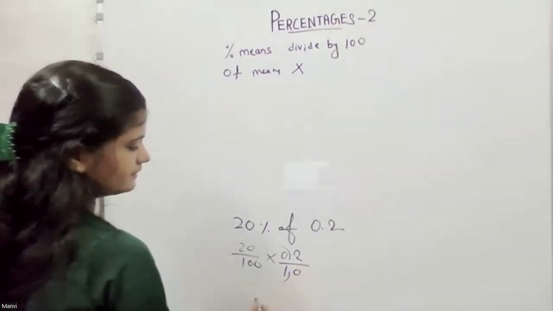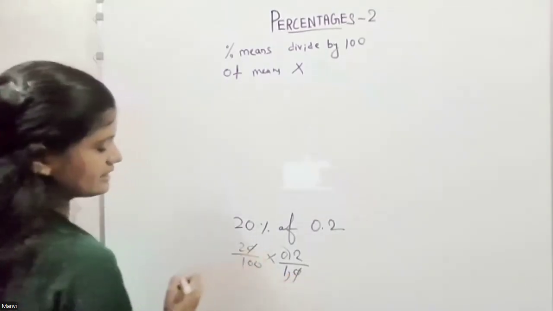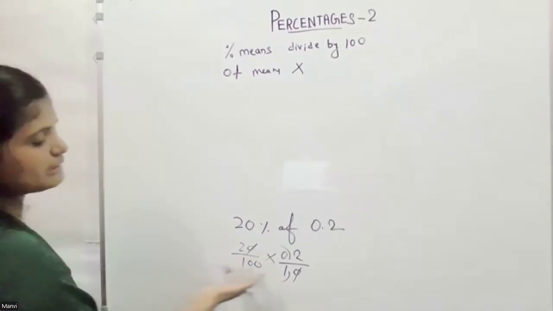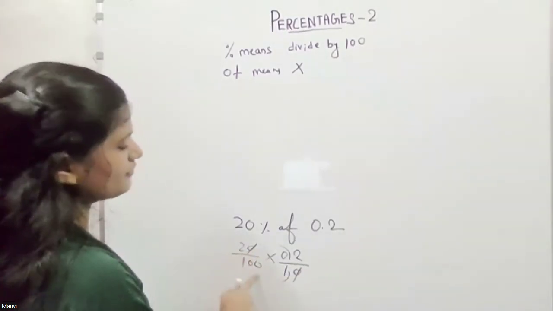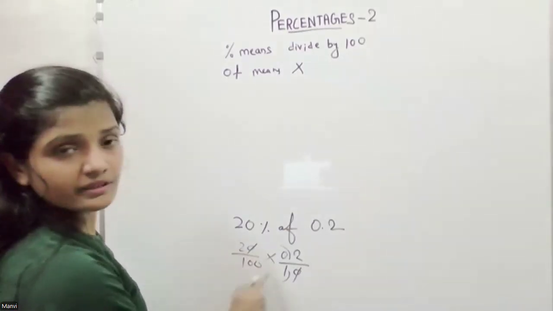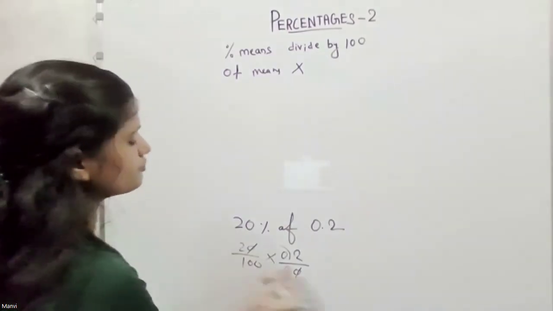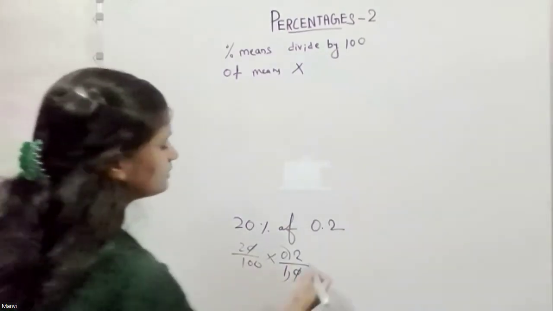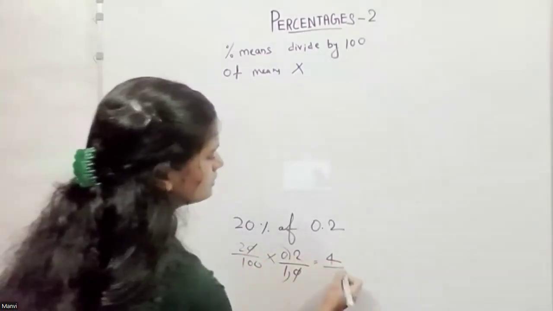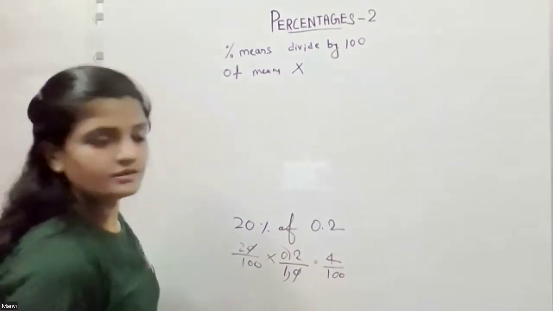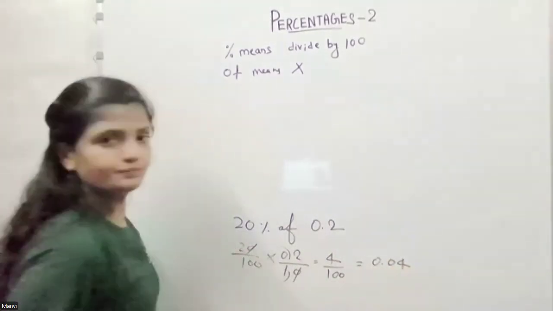This will be 2 by 10. Now this 0 and that 0 cancel. We can write it as 2 times 2 is 4, with 100 as denominator, and as a decimal we can write it like 0.04.